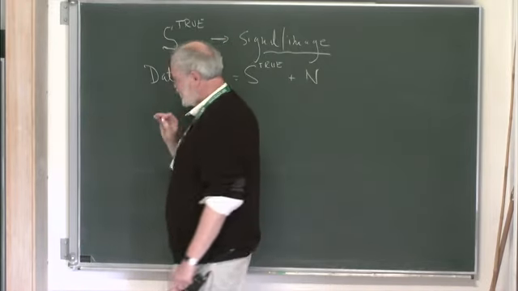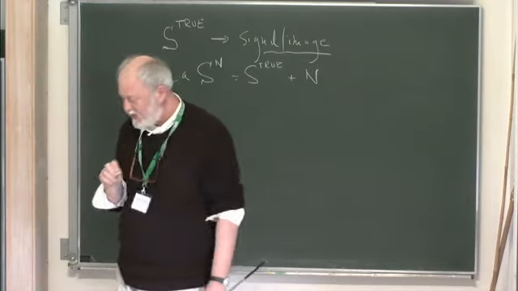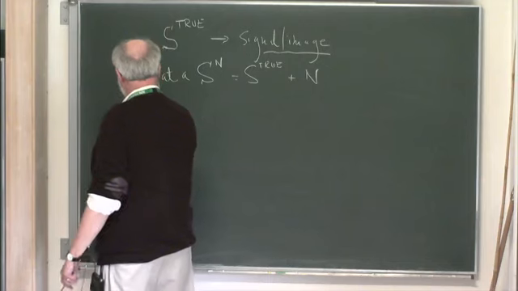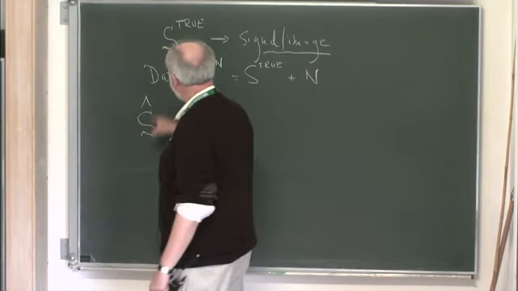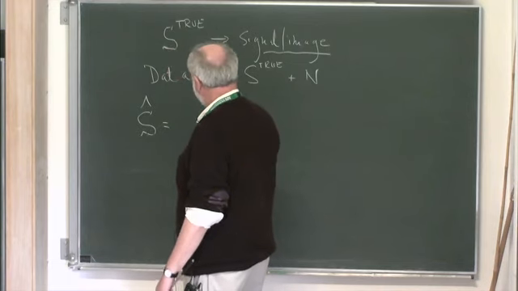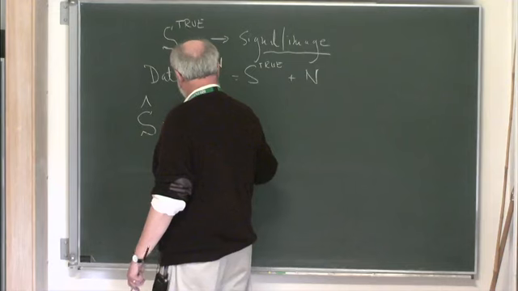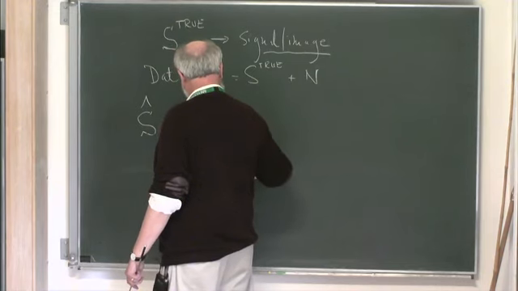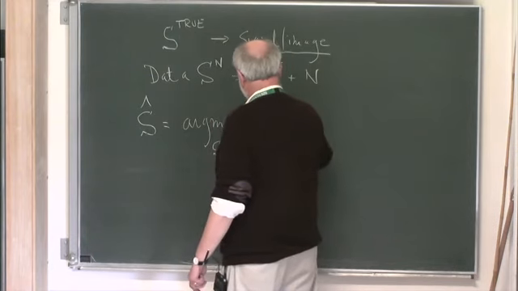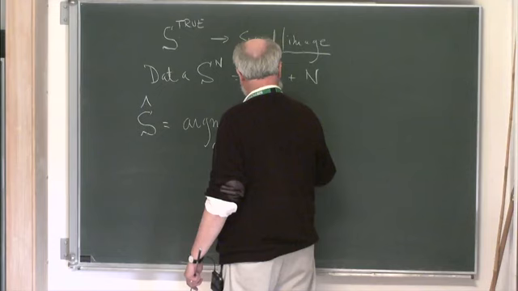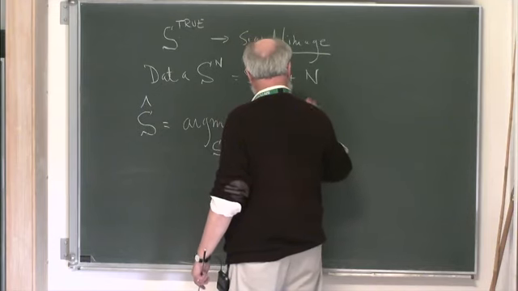And then what we do most of the time is we do the following thing. We define that the best estimate of the true signal is the argument that minimizes, over all possible S's, some distance between the S and the S noise.